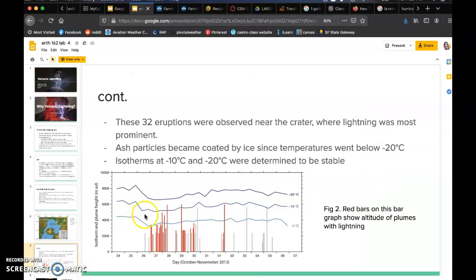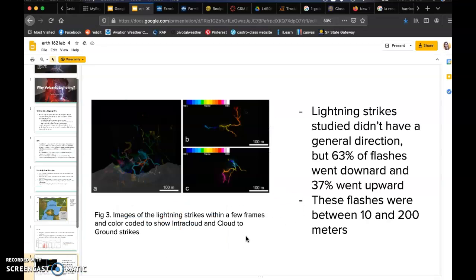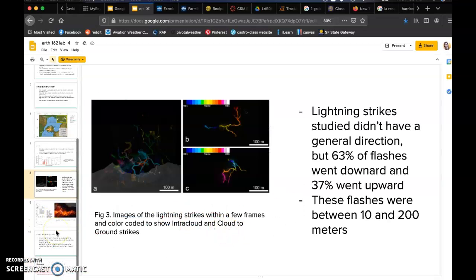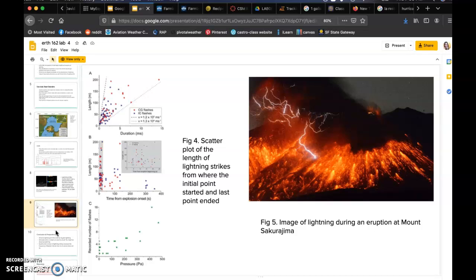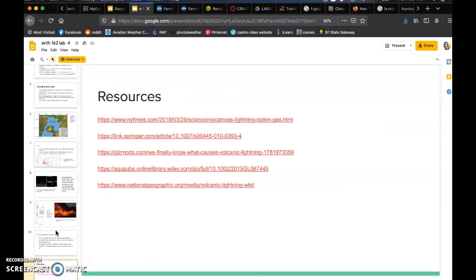So she went above and beyond in a sense where she read a scientific paper. She digested the information. She was able to regurgitate that information in a way that was able to be digested by us, if that makes sense, or by other students. And conclusion and preparation and references.